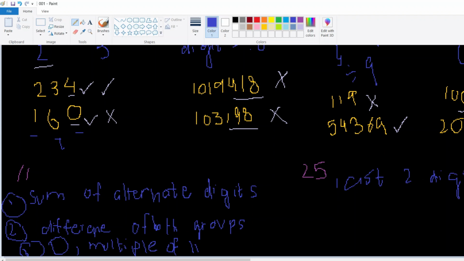Quite similar to the 4. Let's take some examples so we get a better understanding of the subject.